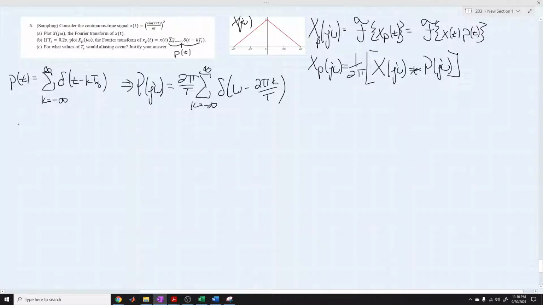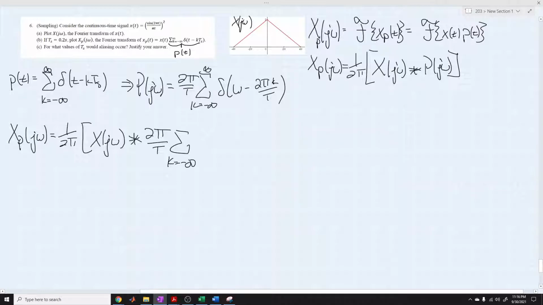But now we can dive into x sub p of j omega, because we know that's equal to 1 over 2 pi times the convolution of x of j omega and p of j omega. So let's write p of j omega as 2 pi over t, the sum from k equals negative infinity to infinity of delta of omega minus 2 pi k over t.